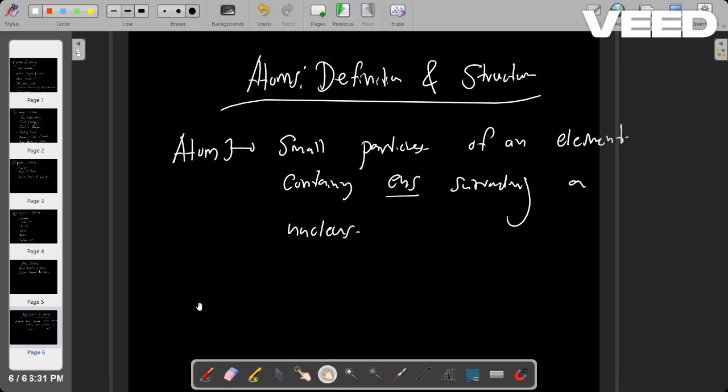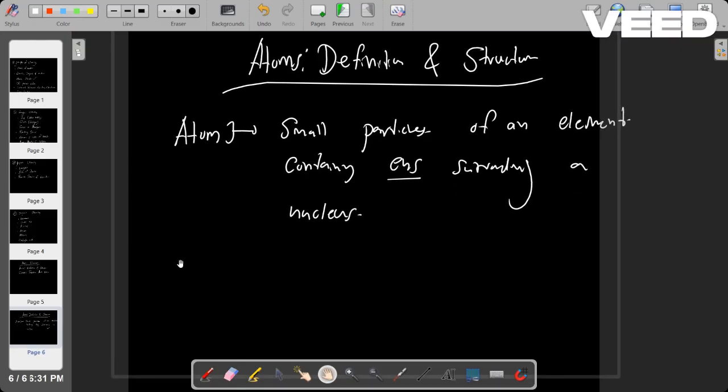That is an atom. What an element is, we will discuss further later.